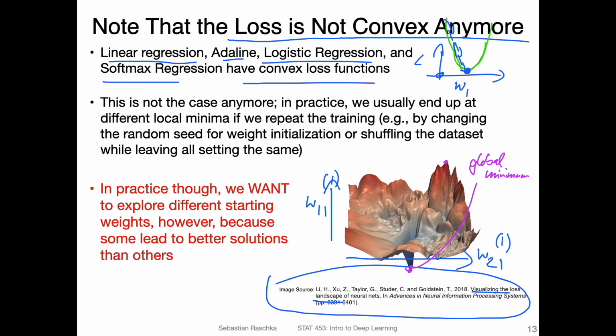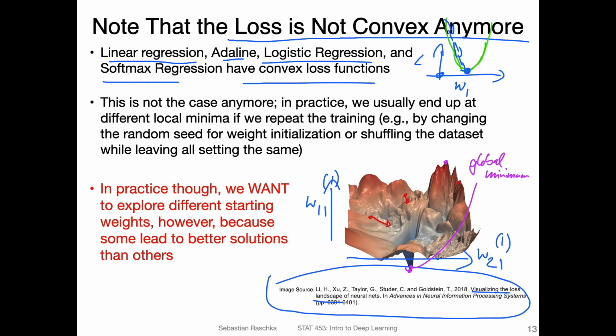One reason we start with small random weights is that we want to try different configurations. And it's not uncommon that we get stuck in a local minimum. So we reach one of these local minima and then the algorithm gets stuck.